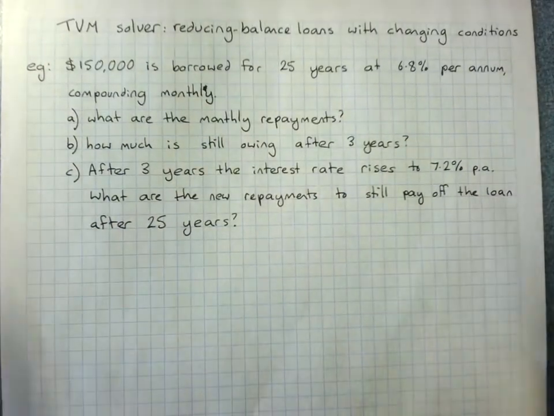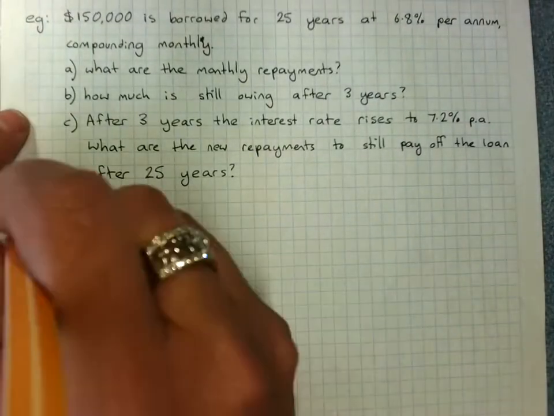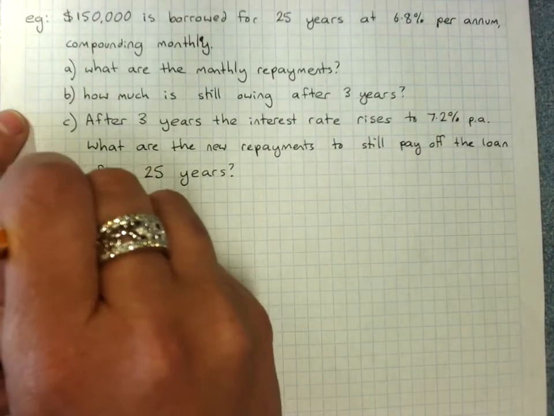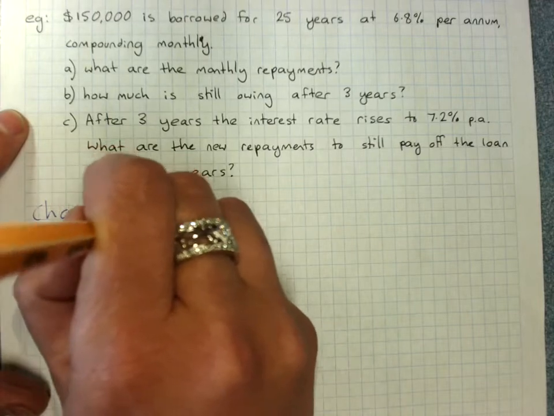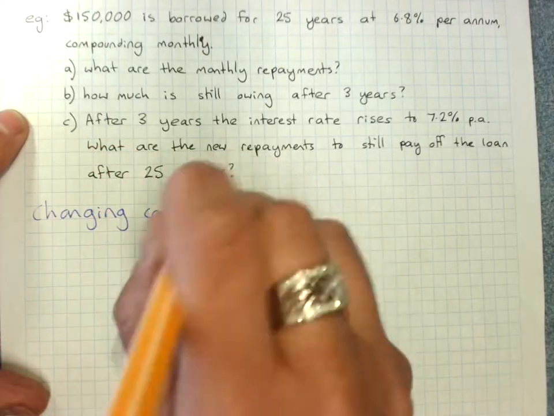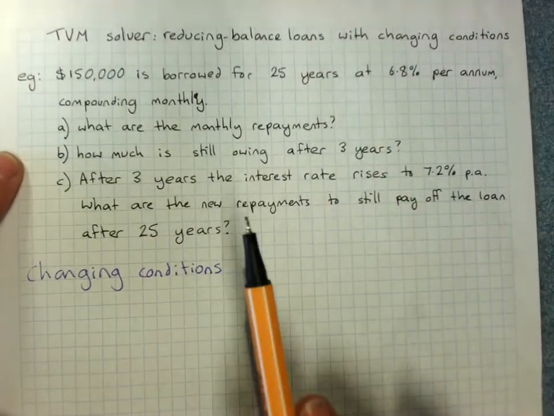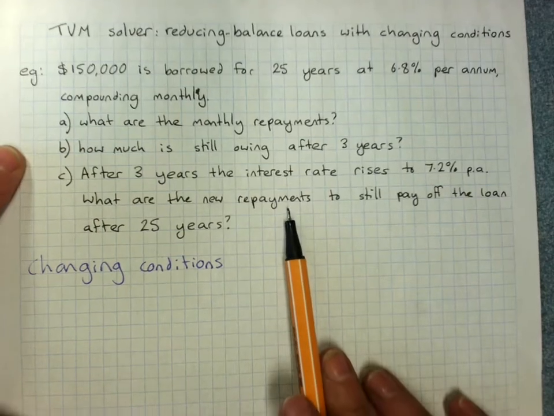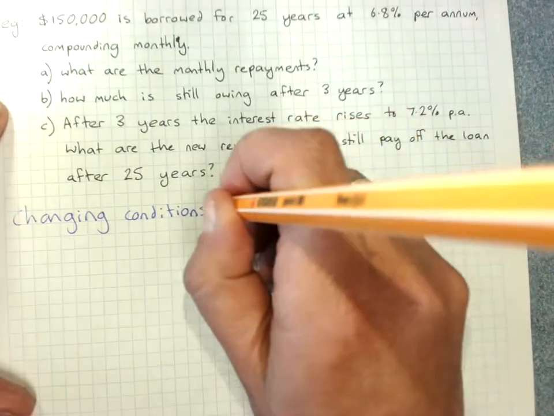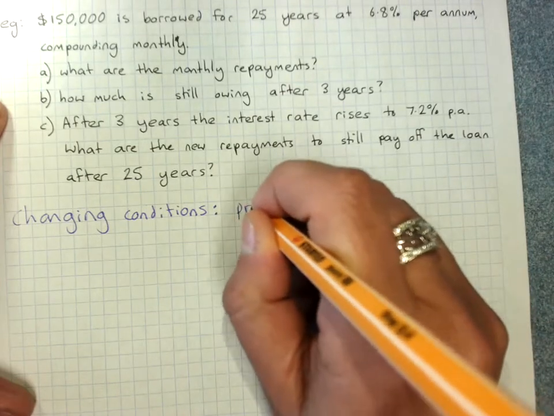Now, the one thing I really need you to remember, and I'm going to write this in purple, changing conditions. That is when something changes partway through the loan. The biggest tip I can give you is pretend it's a new loan.